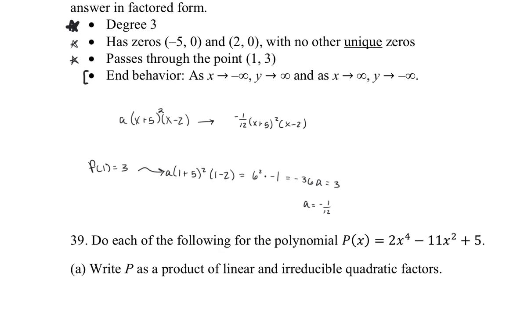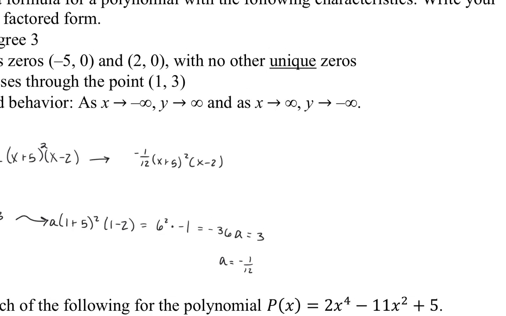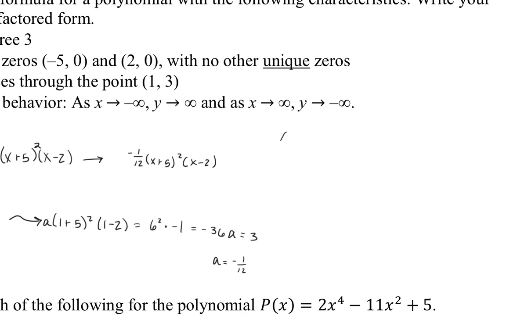Now what we want to do is check the end behavior because that's the last portion that we need to look at. So as x goes to negative infinity, we'll look at this and see what it does. We'll have negative 1 over 12. This portion here is going to approach negative infinity squared, and then the other portion again will be negative infinity.